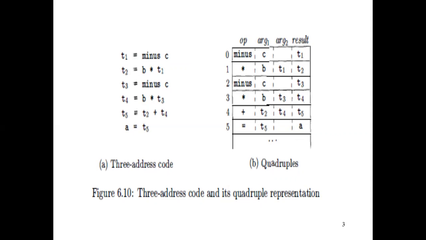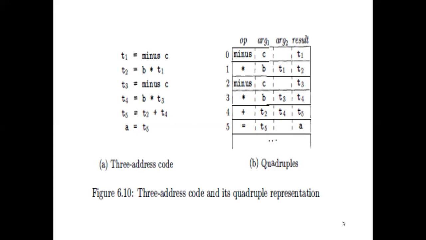For the intermediate code, we are writing the three address code, and we can represent it either in the form of quadruples or triples. The third form is called indirect triples. The main ones are quadruples and triples, and with the help of triples we can write the indirect triples. So quadruples, triples and indirect triples are the ways to represent the three address code.